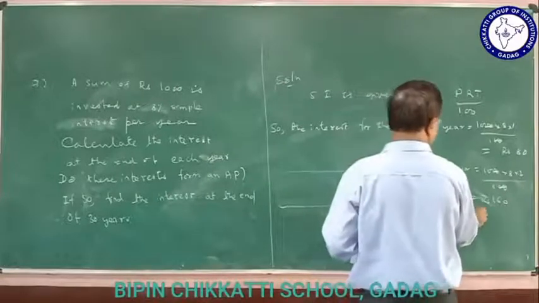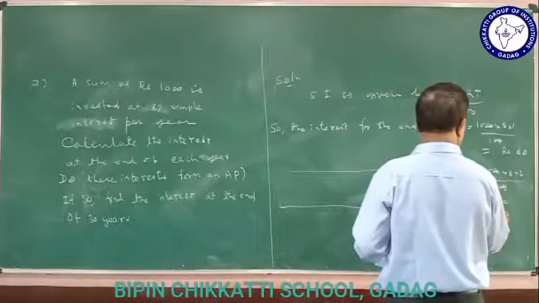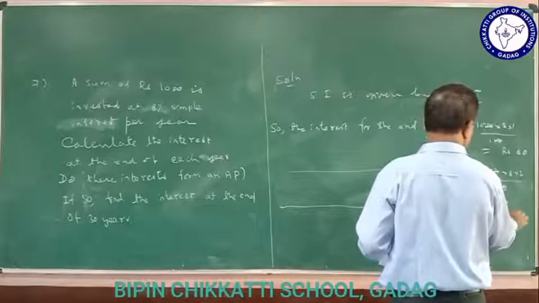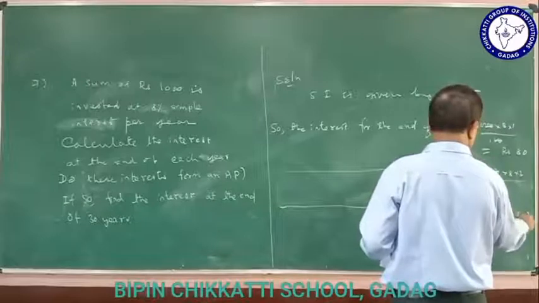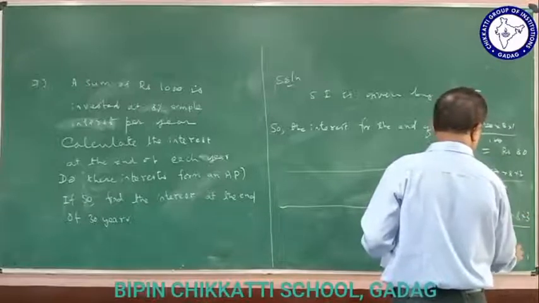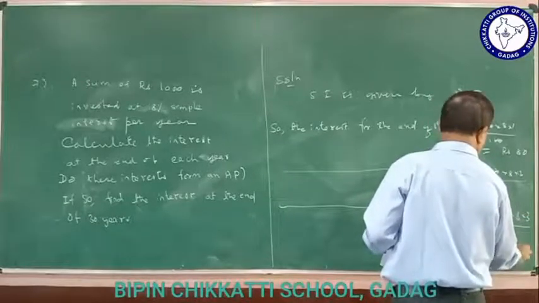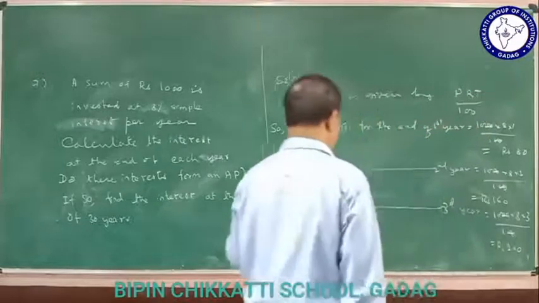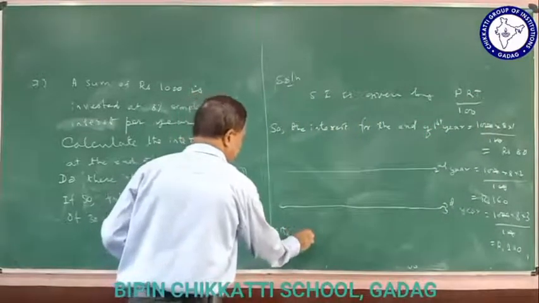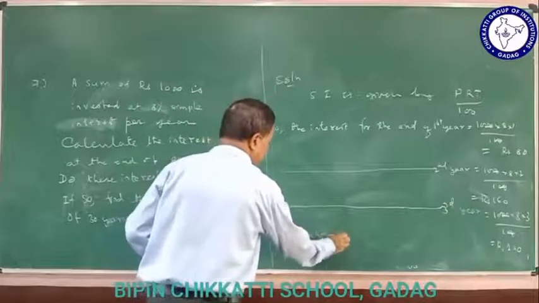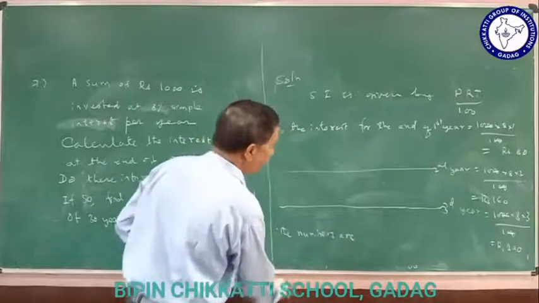See, third year, the formula 1000 into 8 into 3 divided by 100. What comes? 240. So what are the numbers?